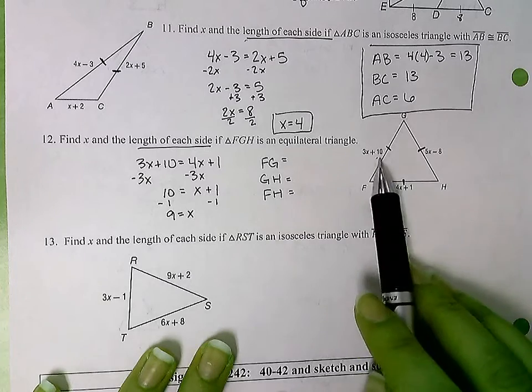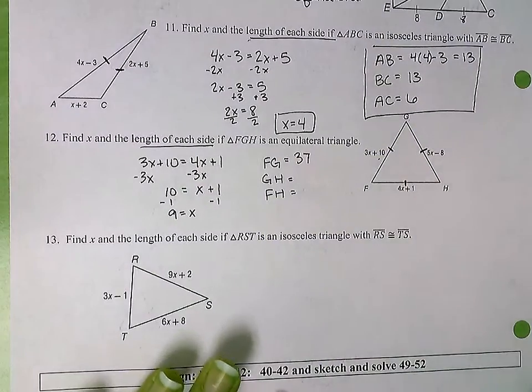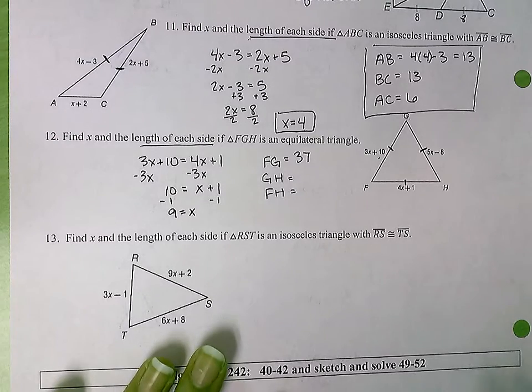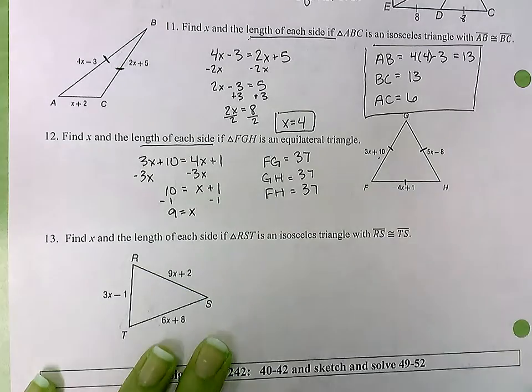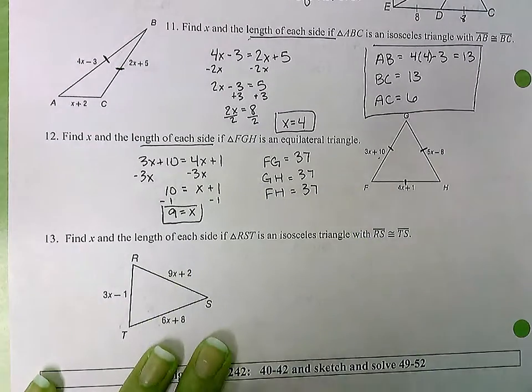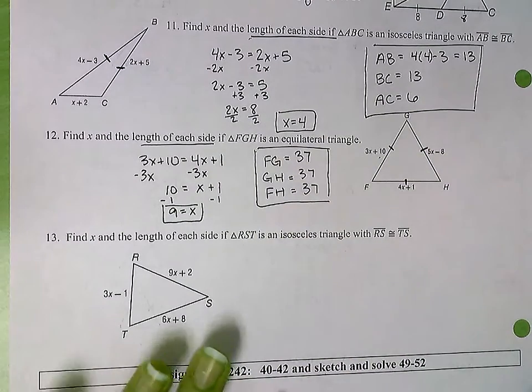That's 27 plus 10 is 37. Now if one side is 37, all sides are 37. So I found the value of x and the length of each side.